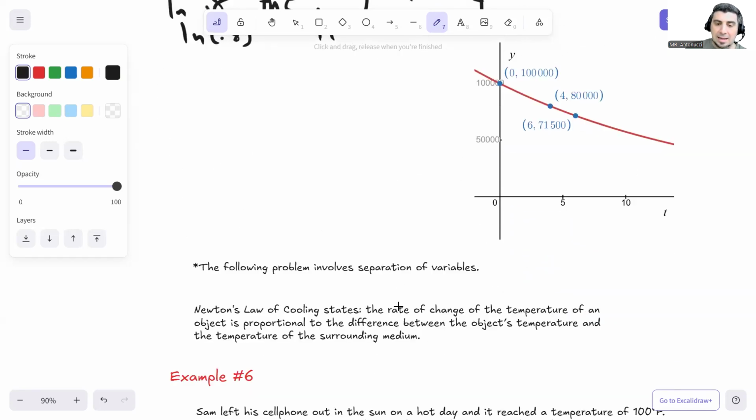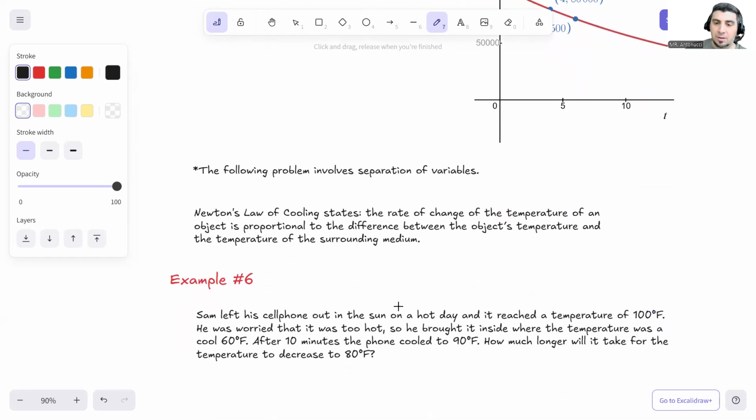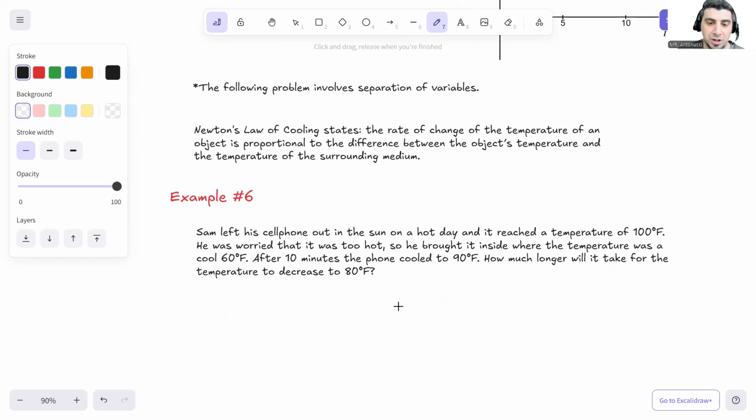All right, now one last thing before we wrap it up. This problem is going to involve separation of variables. It's called Newton's law of cooling. Now, it doesn't follow the exponential growth and decay model exactly, but it states that the rate of change of a temperature of an object, so dy dt, is proportional to, so equals some number times, the difference between the object's temperature and the temperature of the surrounding medium.